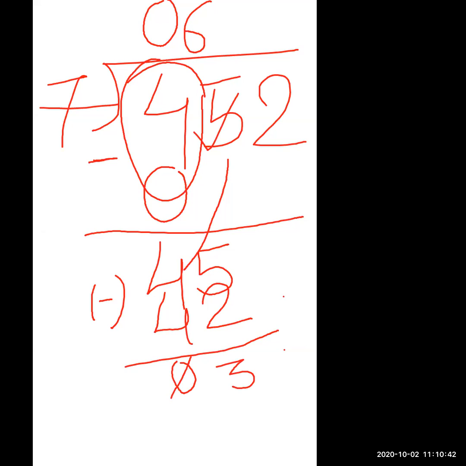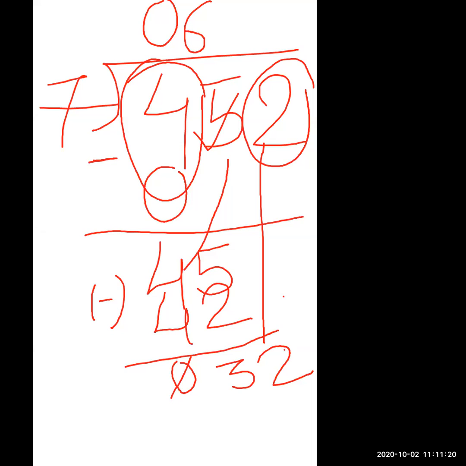Now go to the next number, that is 2. You take 2 down again. 32 is there. In the table of 7, is 32 there? The same number is not there, so you again take the smaller number. As compared to 32, which one is the smaller number? 7 fours are 28.